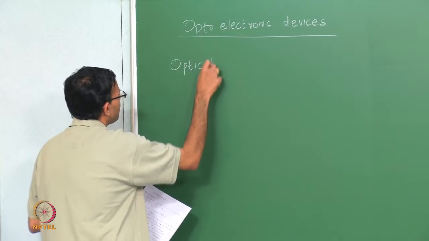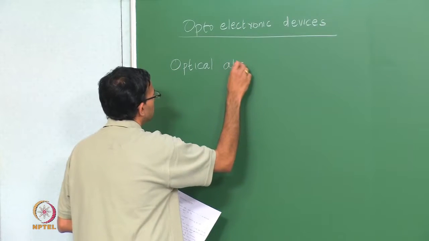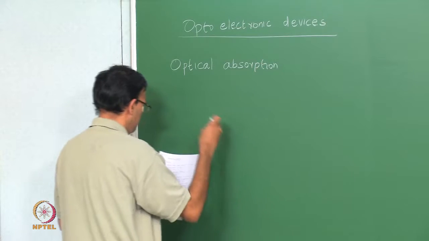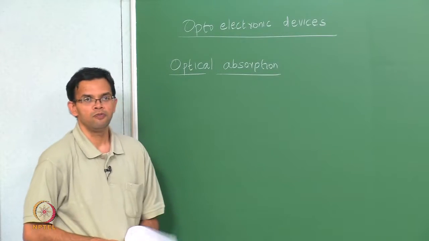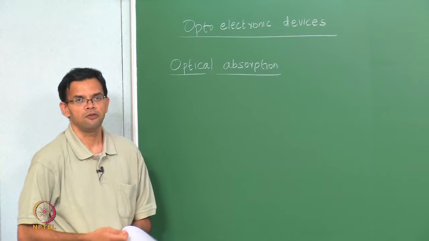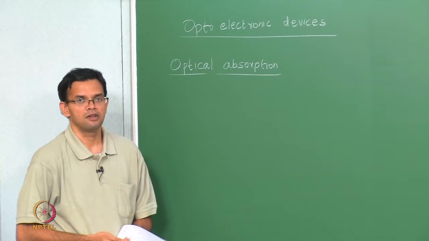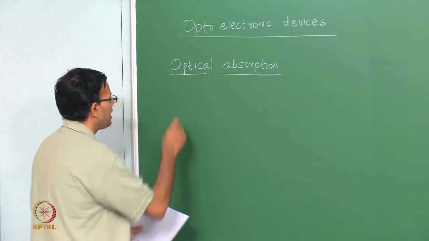So, the first thing we are going to look at is the phenomenon of optical absorption. We want to know what happens when light of a certain energy is incident on a semiconductor. In the case of a semiconductor, we define its energy by the band gap.